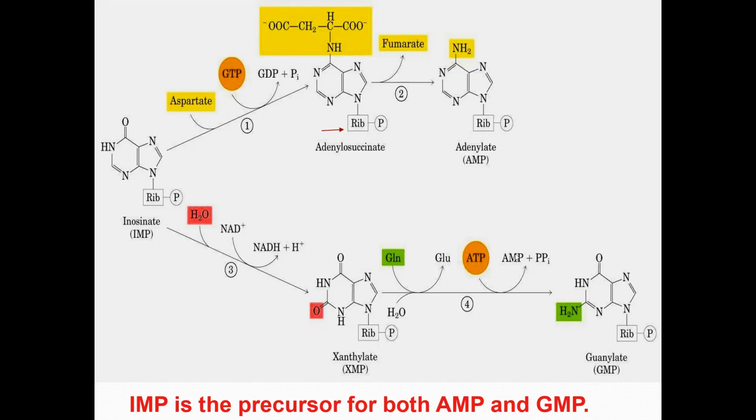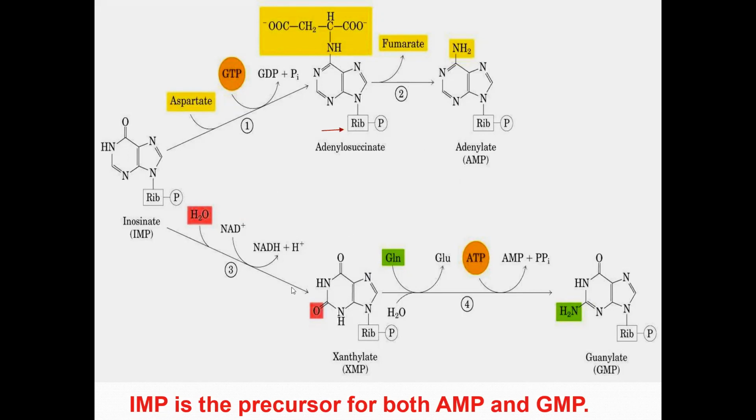You can see here ATP is directly converted into AMP. That means it is equivalent to 2 ATP. So for the synthesis of GMP, 2 ATP molecules are required, and glutamine acts as an amino group donor.